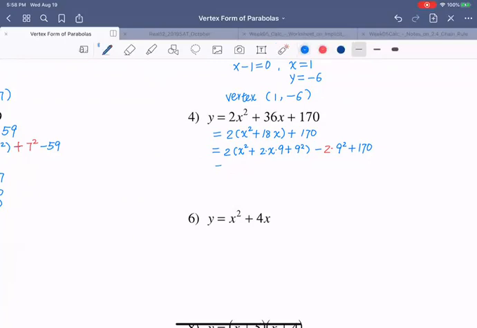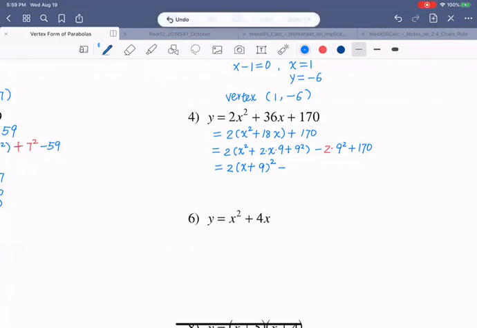Let's do next step. Then it's x plus 9 squared.